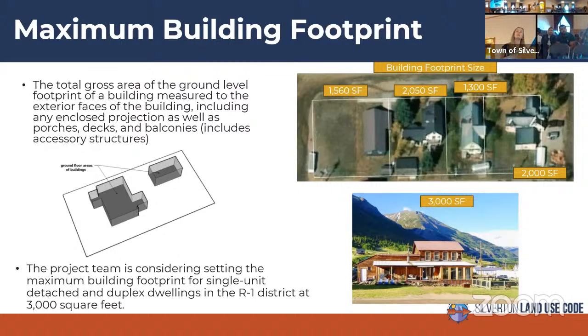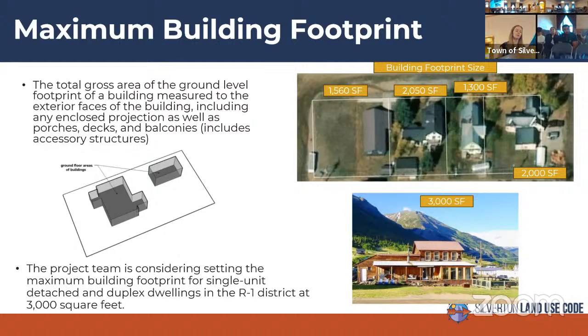So the picture on the top right there is an example of a current block in Silverton and the associated building footprint. So you can see that all of those properties range from 1,500 to 2,000 square feet of building footprint. And so the project team is considering setting the maximum building footprint at 3,000 square feet, moving forward within the R1 district to try and implement that goal of the Compass Master Plan.